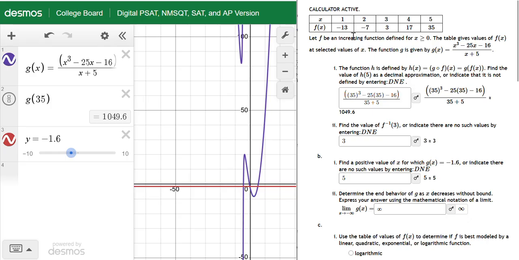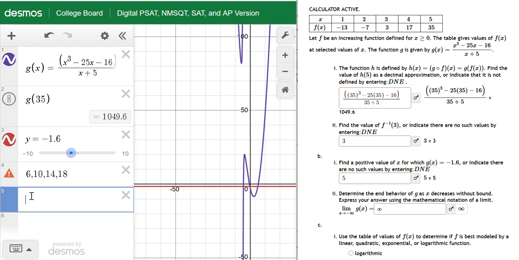So if we took the successive differences: from negative 13 to negative 7 is a difference of 6. From negative 7 to 3 is a difference of 10. From 3 to 17 is a difference of 14. And from 17 to 35 is a difference of 18.